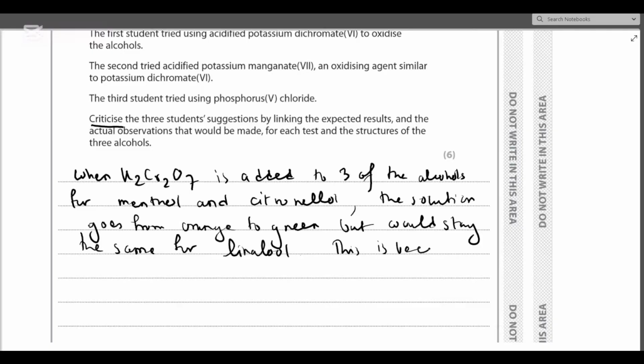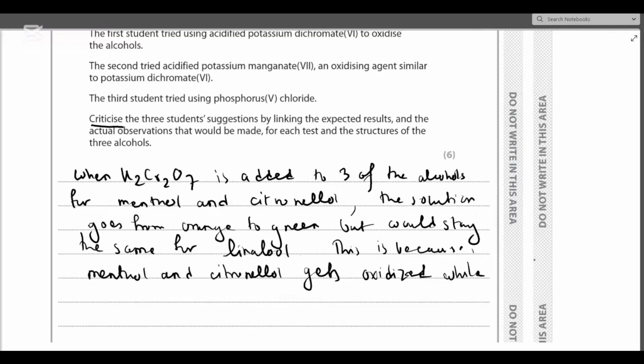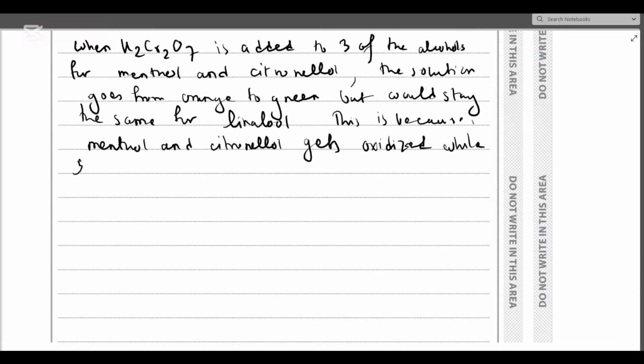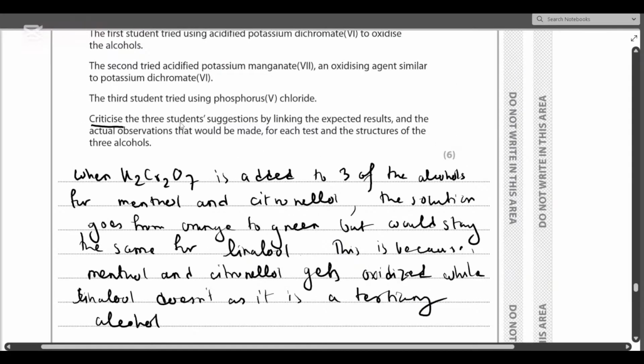This is because menthol and citronellol get oxidized, while linalool is a tertiary alcohol. Okay, so this is the first part.